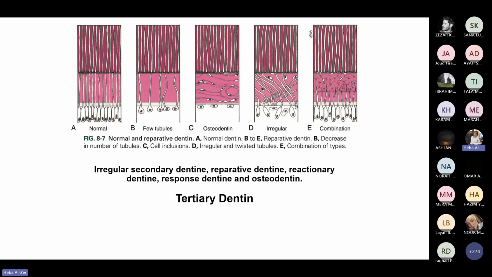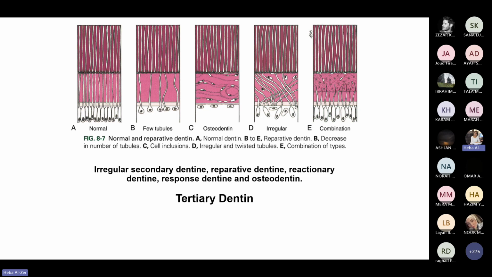See? So this is the normal tubular, beautiful looking dentine. When a stimulus happens, sometimes some odontoblasts die, so the tertiary dentine has a small number of tubules. Sometimes the odontoblast gets inside the dentine, so we can see cells inside the dentine.